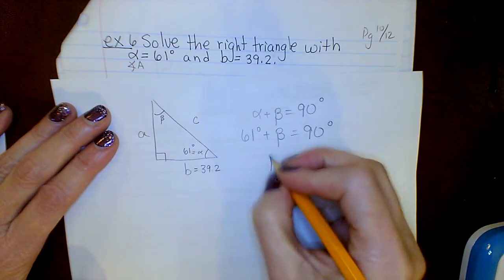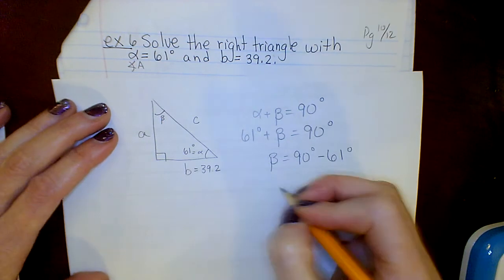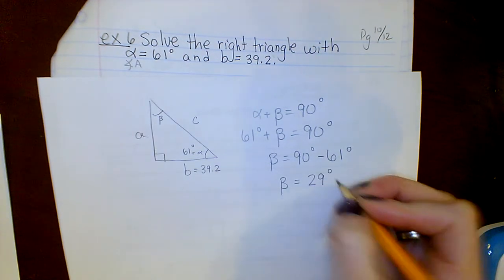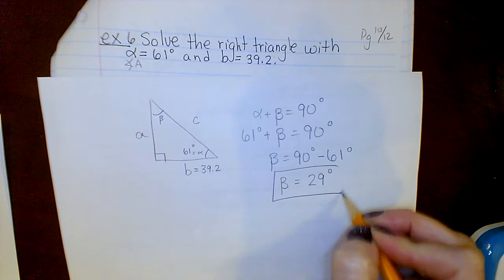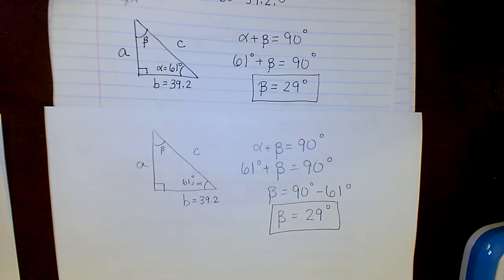Subtracting 61 degrees from both sides, 90 minus 61 degrees, I get 29 degrees. So there's one of the missing angles. Now I just have the two missing sides. Beta was the first thing that I found.